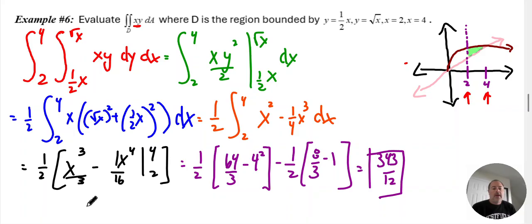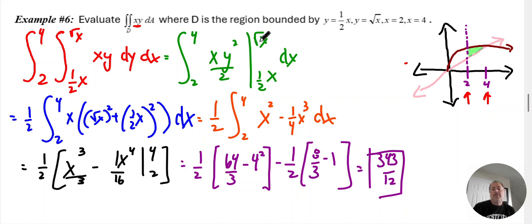All right, guys, so I went ahead and finished out the problem for us. So just look at this quickly and see that we started our problem right here in the red. We went ahead and integrated our y, which is y squared over 2, and then we evaluated from the square root of x to 1/2 x dx. Here in the blue, we just plugged in. So I did pull the 1/2 out. I left the x on the exterior.